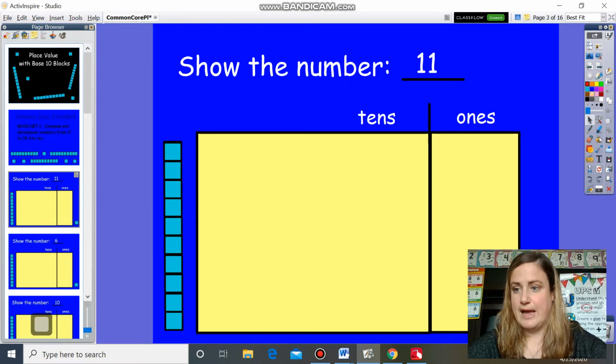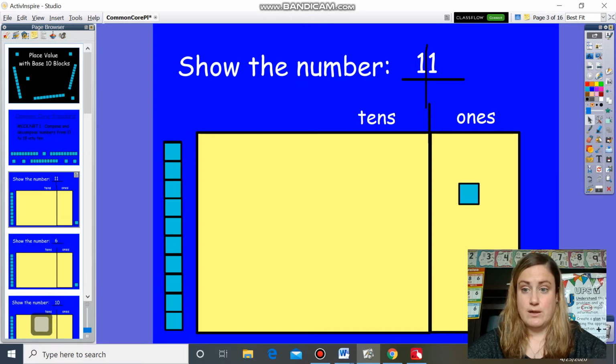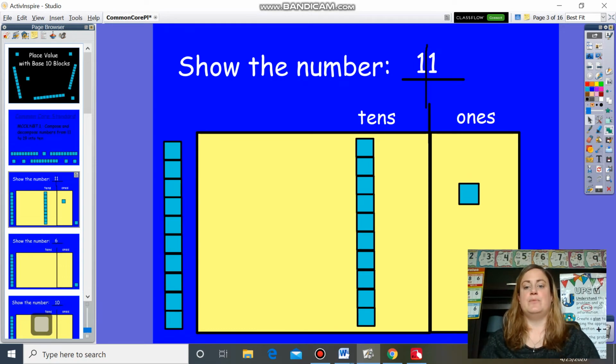If I draw a line down between my 2 numbers, just like my mat, I can see this is the ones place and this is the tens place. So it says to show the number 11. That means I have 1 in the ones place, and there's 1 ten in the tens place. When we count this, it would be 11. We know this is already 10 plus 1 more is 11.